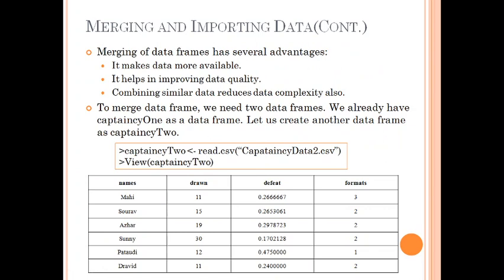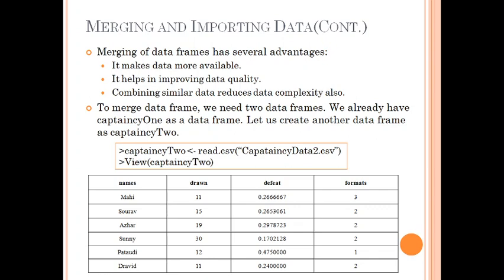Now, merging of two data frames. Why is it necessary to merge two data frames? Imagine that we have a few columns related to a particular thing in one file which we have converted into a data frame, and a few more columns related to the same thing in some other file which again we have converted into another data frame.